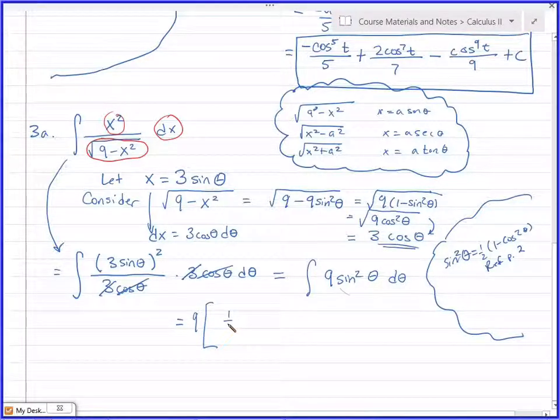Instead of u, it's theta, minus 1/4 sine of 2 theta, plus c. Or 9/2 theta minus 9/4 sine of 2 theta plus c.